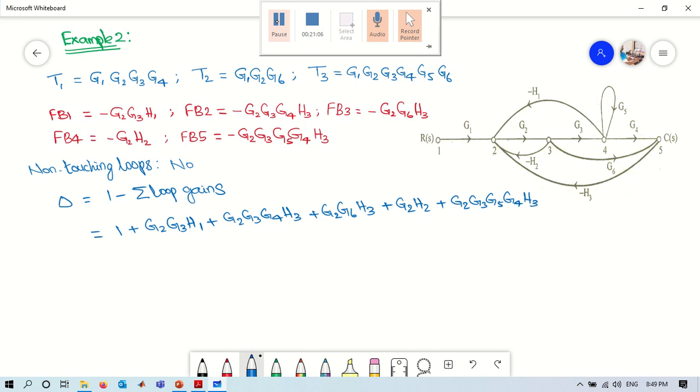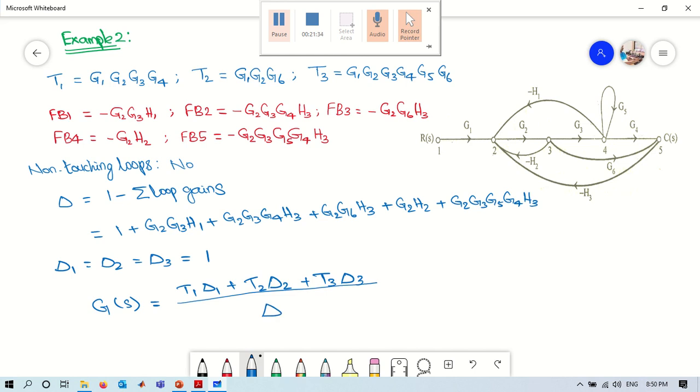So delta 1, delta 2, and delta 3 in this scenario are equal to 1, and we have G of s equal to T1 delta 1 plus T2 delta 2 plus T3 delta 3 divided by delta.